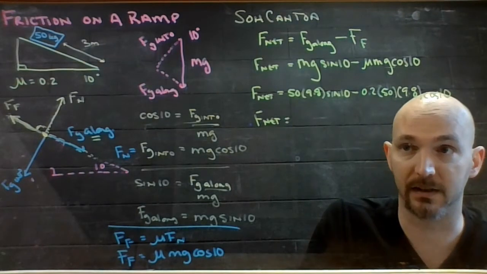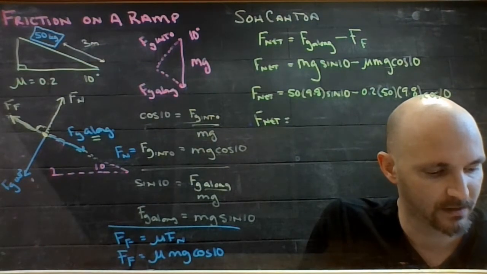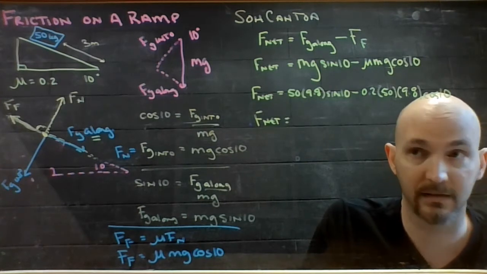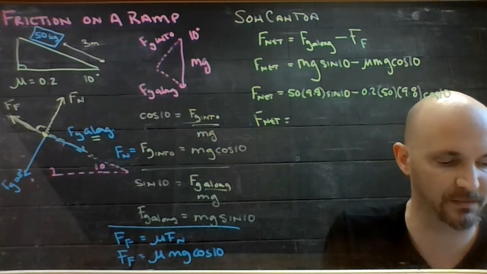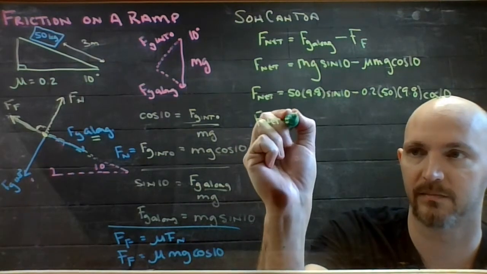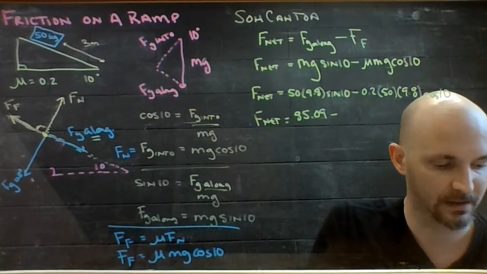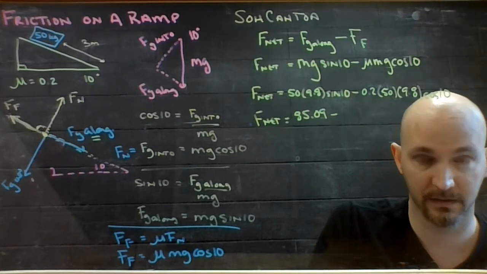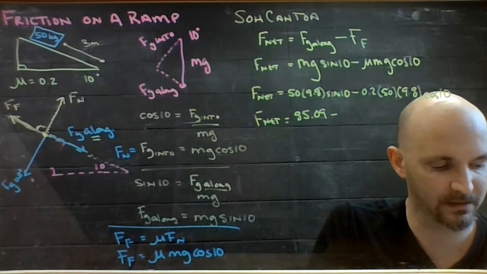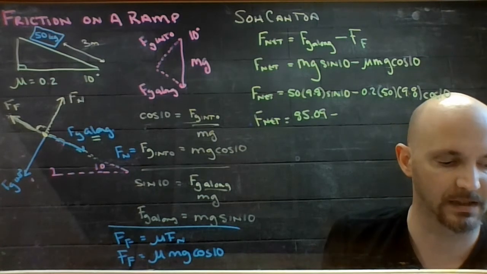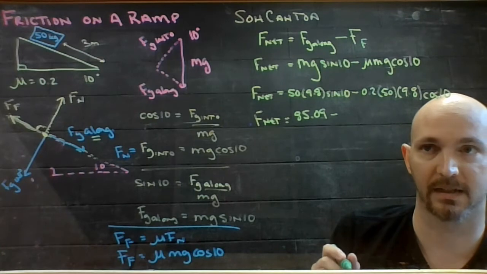So let's see, sine 10 times 9.8 times 50 gives me 85.09, and cosine 10 times 9.8 times 50 times 0.2 gives me 96.51.